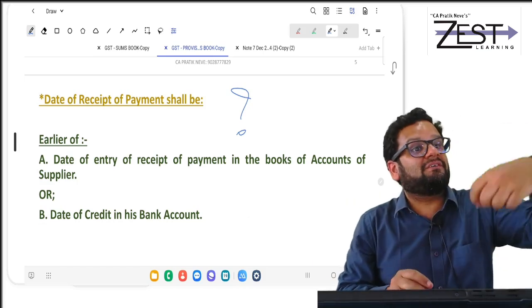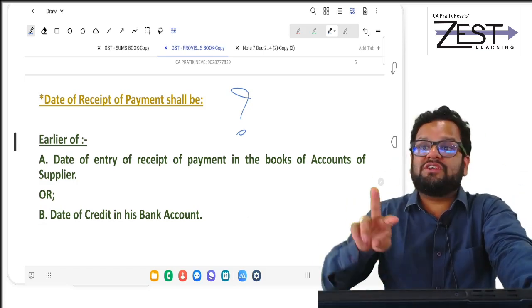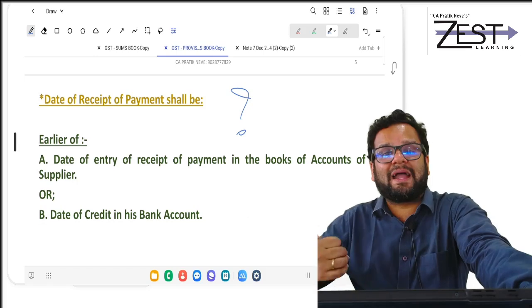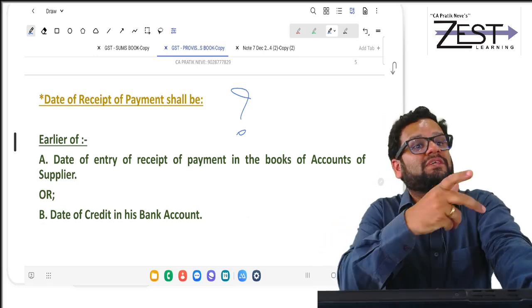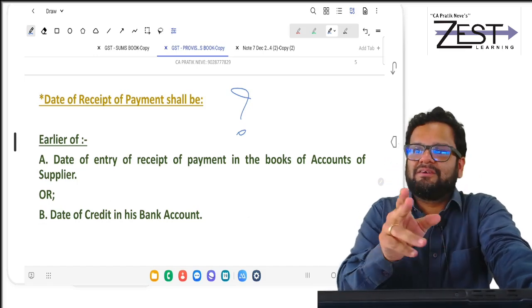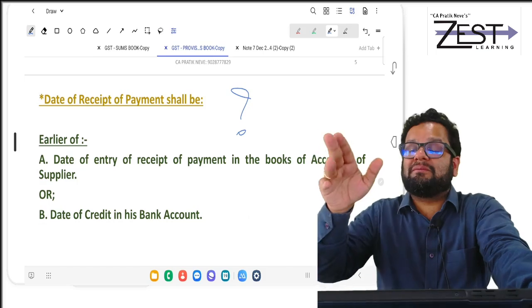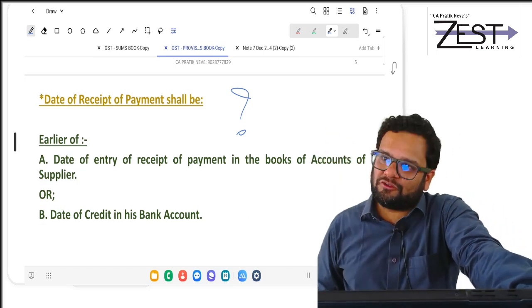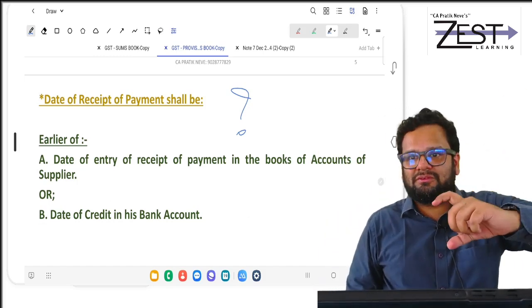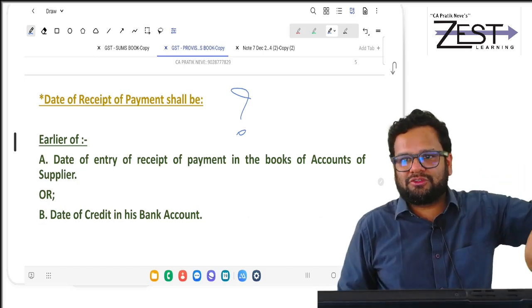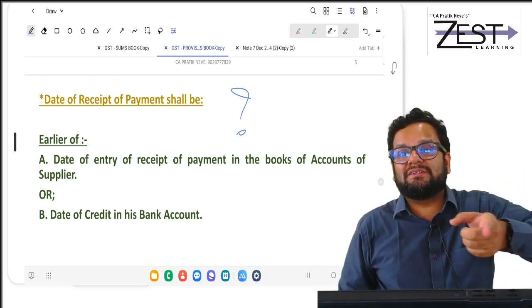Then he passes the entry in the books. Which event happened earlier? Credit in bank happened earlier or entry in books happened earlier? Credit in bank. So date of receipt of payment is earlier of date of entry in my books or date of credit in my bank.